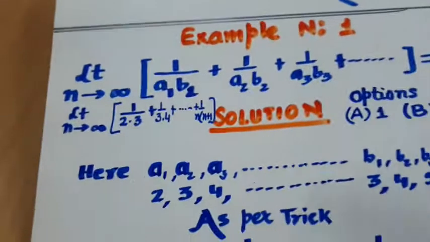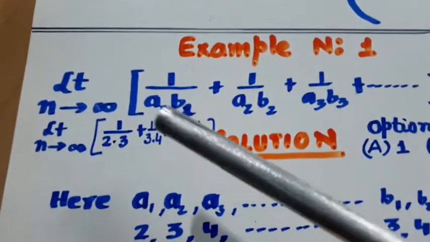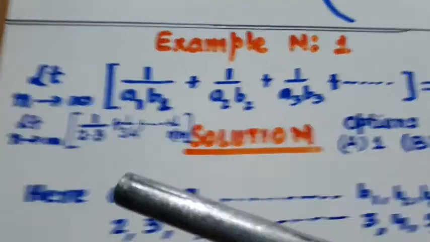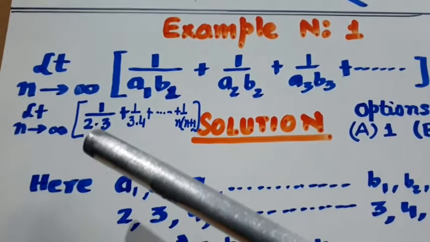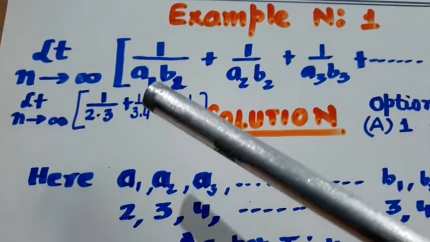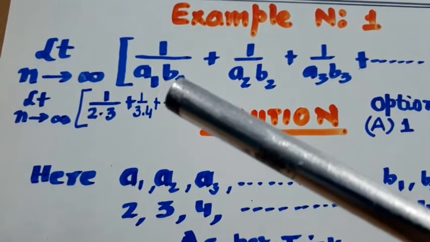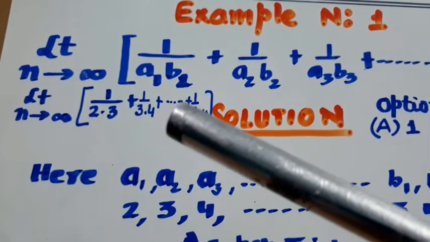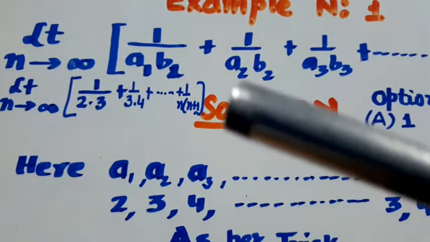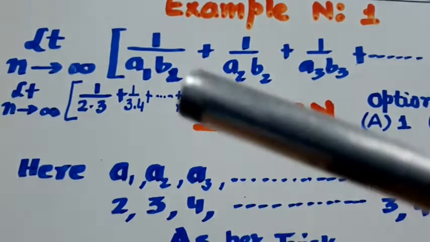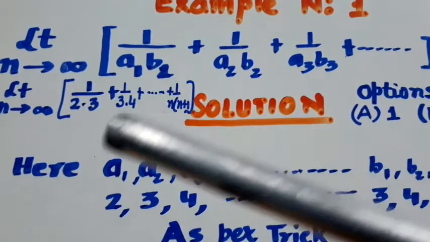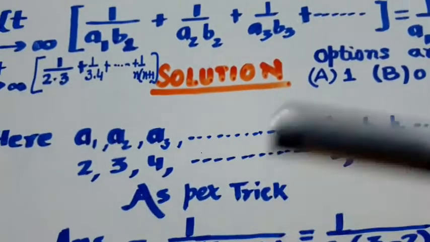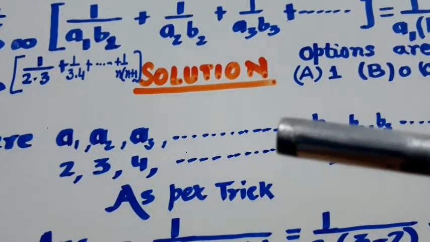Example number 1. This is the formula. So the question is limit n goes to infinity, 1 over 2 into 3 plus 1 over 3 into 4 plus and so on up to 1 over n into n plus 1. Now look here, 2, 3 and so on up to n, they are in AP.